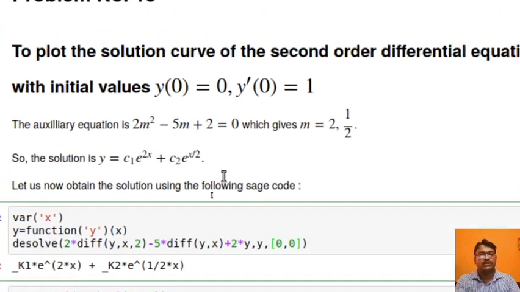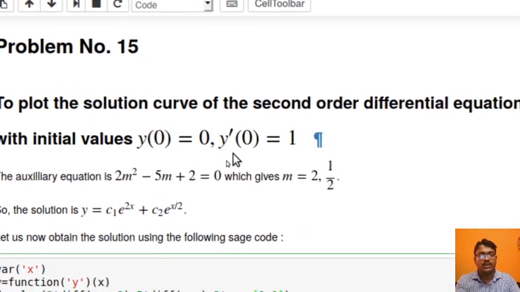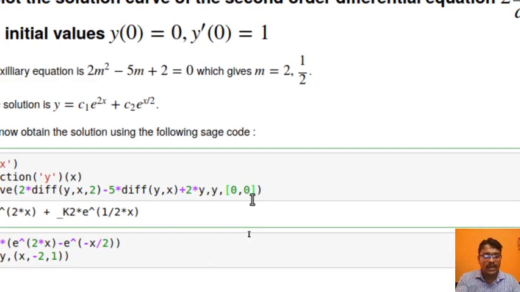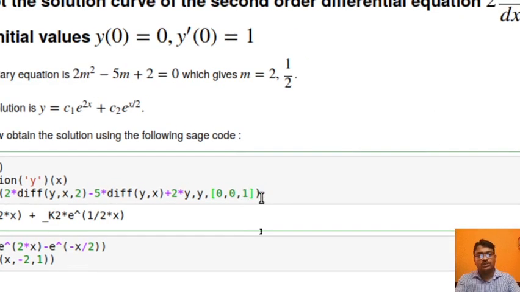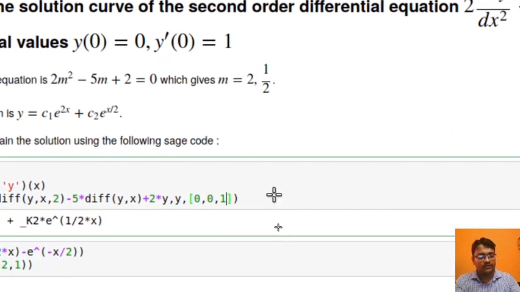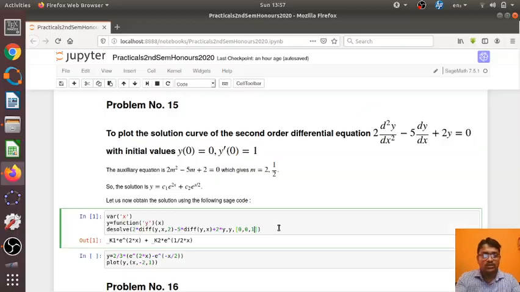This was the initial value. y(0) is 0 and y'(0) is 1. So it's 0 comma 0, and the y dash we put here, so 0 comma 0 comma 1. This will give us the initial values.